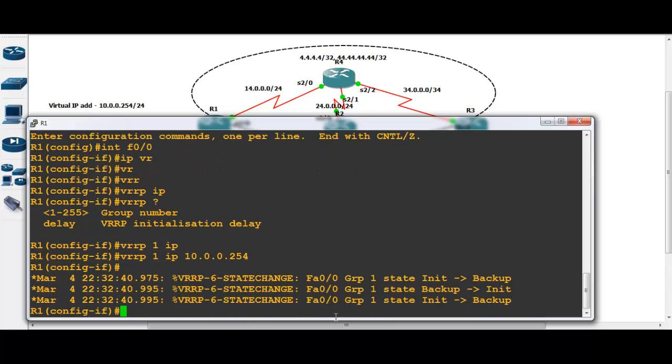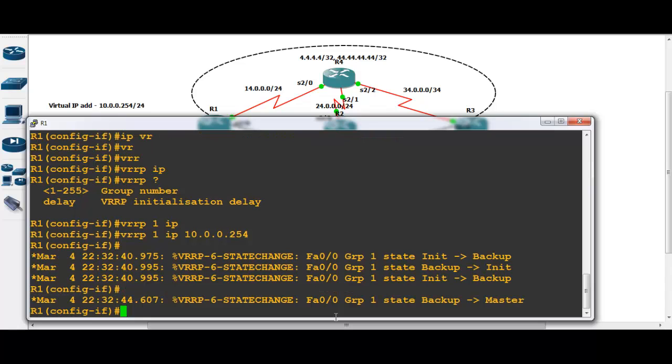VRRP is enabled. See, it was in the initiation state. From the initiation state, it was sending hello, and then it said, okay, I'll be a backup, maybe someone may be master. Then slowly it waited.